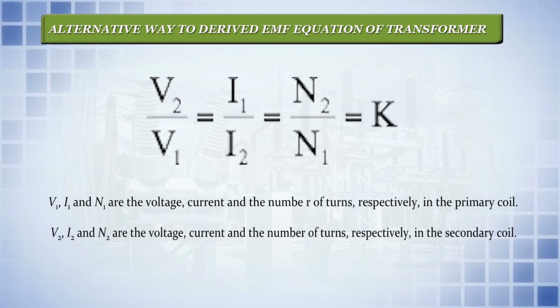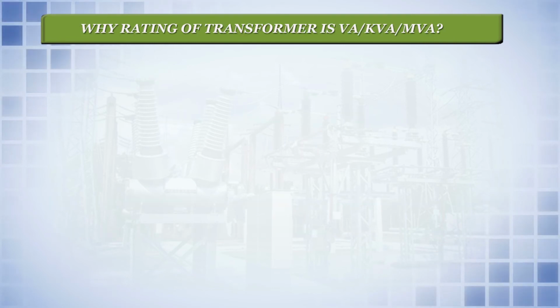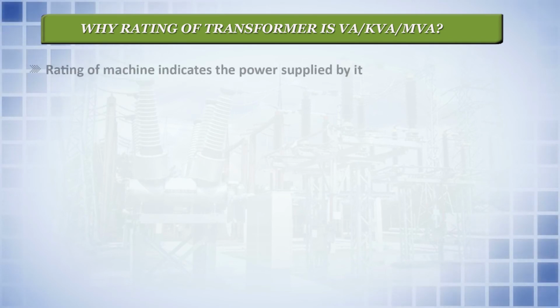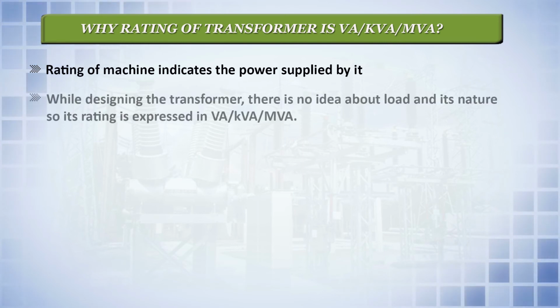and this K is a transformation ratio. Now we have to understand why the rating of the transformer is generally given in VA or KVA or MVA. The rating of a transformer in volt ampere or KVA is given always. As you know, the rating of the machine indicates the power supplied by it. While designing the transformer, there is no idea about load and its nature, so its rating is expressed in VA or KVA or MVA.